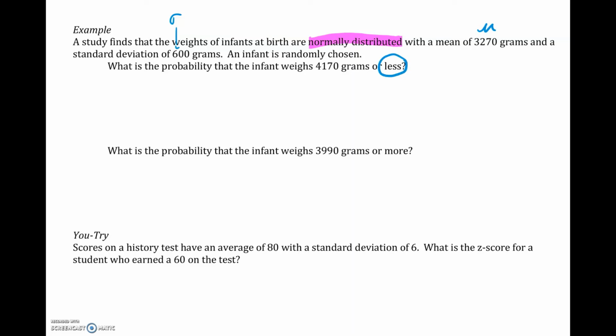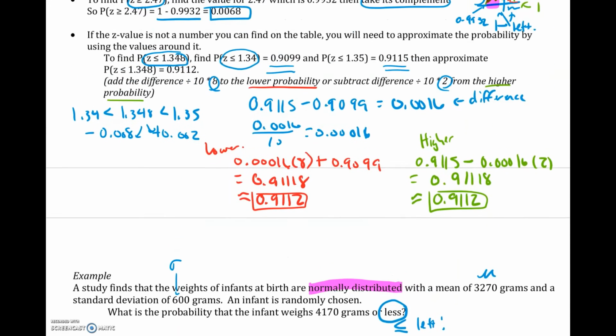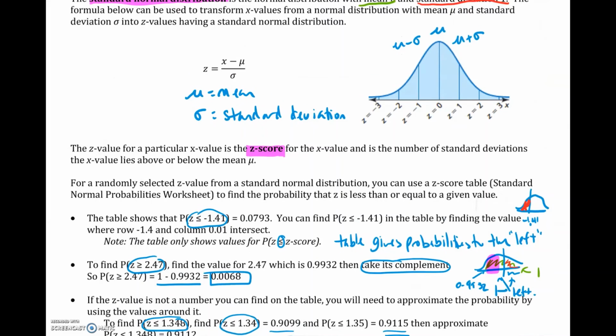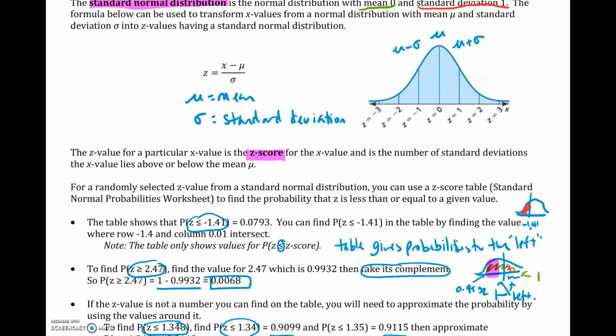Less is what we want to work with, because less, right, is to the left. So we want to be less than or equal to. So that means we're going to the left. So that means I can just read my z-score table and be done. Okay? So how do we use our z-scores to actually calculate this? Well, I'm going to scroll back up and remind you guys. We want to first convert or calculate that z-score value.